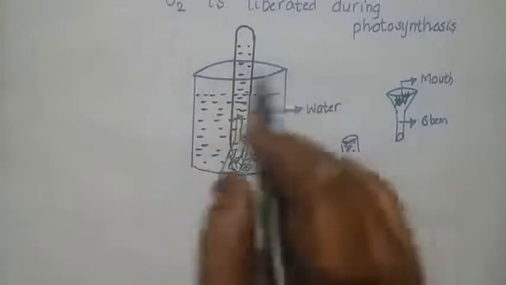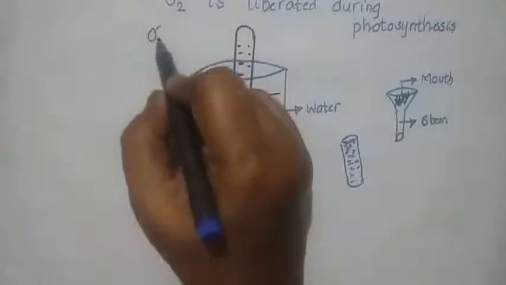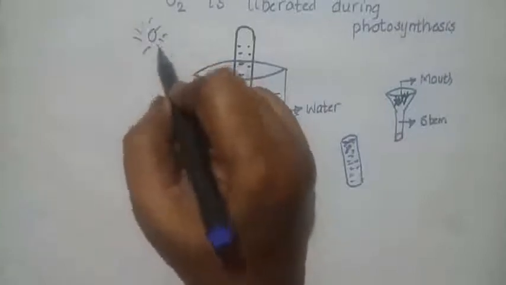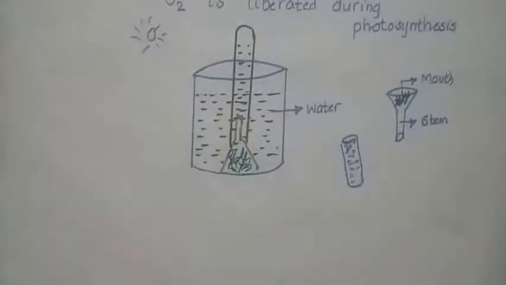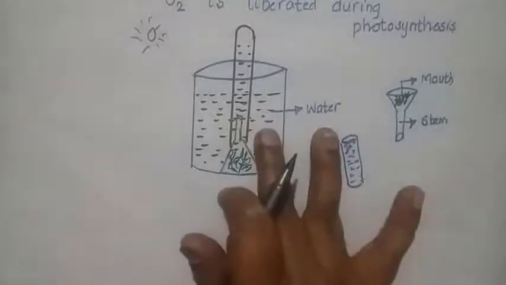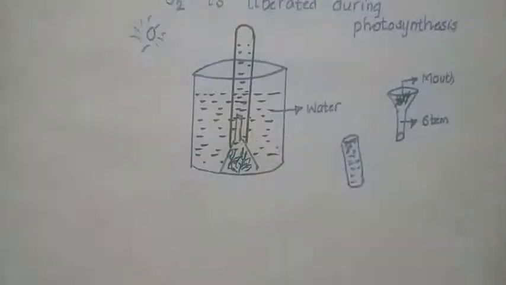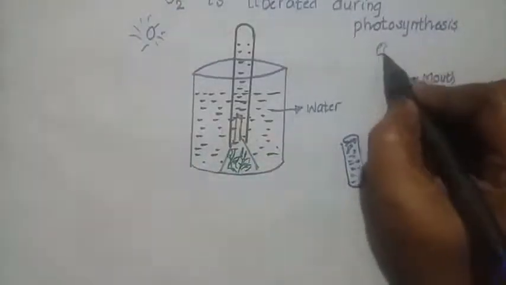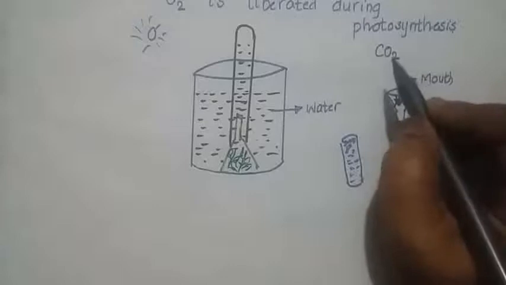Fine. So you can keep this plant in the sunlight for a few hours, and then since we have taken the aquatic plant, we have taken the tap water or fresh water in the beaker, you can hasten the process. You can make the process occur quickly. How? Because plants require carbon dioxide to carry out photosynthesis.